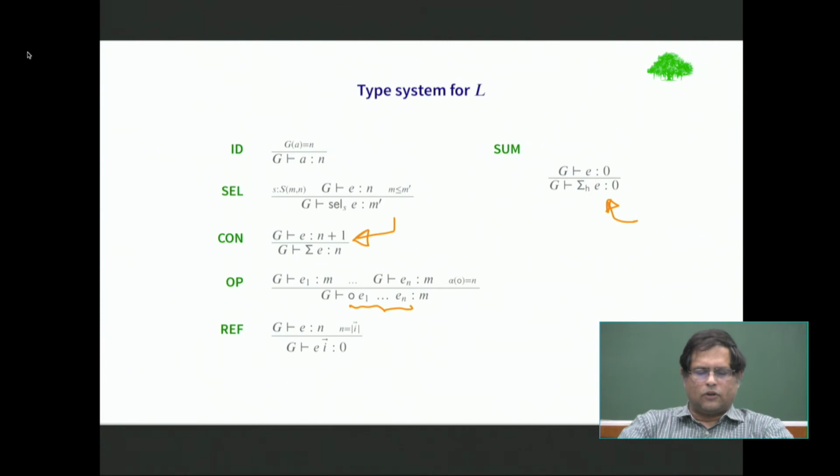I will skip over all the details, just point out a couple of things here. The first one is sort of easy to understand. If you have the identifier a and it's mapped to n in this environment G, then the dimension of small a is just n. Similarly, you've got other rules like op.